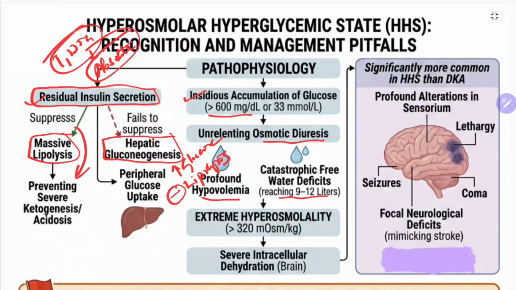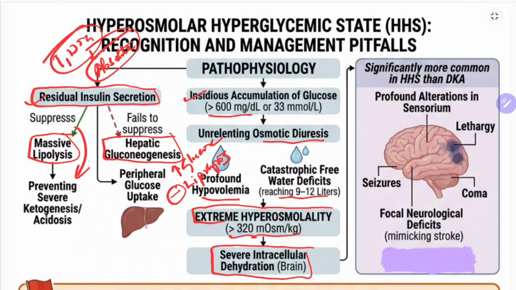And because there is a high concentration of glucose in the blood, there is extreme hyperosmolality, more than 320 milliosmol per kg. So this is the reason they present with CNS symptoms, because the neurons get dehydrated. There is a lot of glucose in the blood.